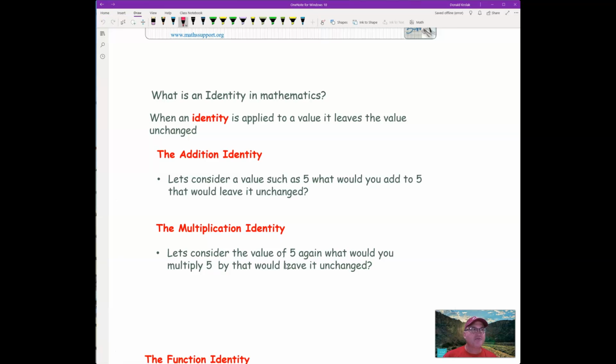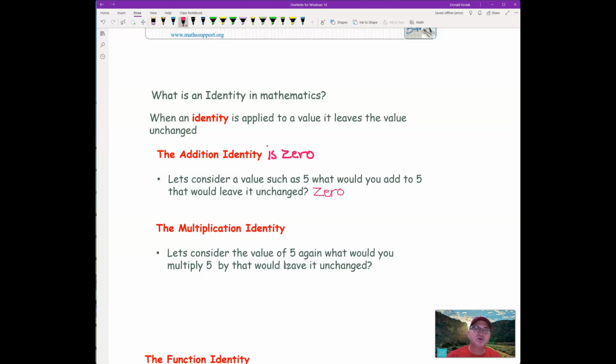For example, if you took the number 5, what would you add to 5 to leave it unchanged? Well, 5 plus what is 5? Well, the answer is 0. So 0 is known as the additive or the addition identity. That's 0.